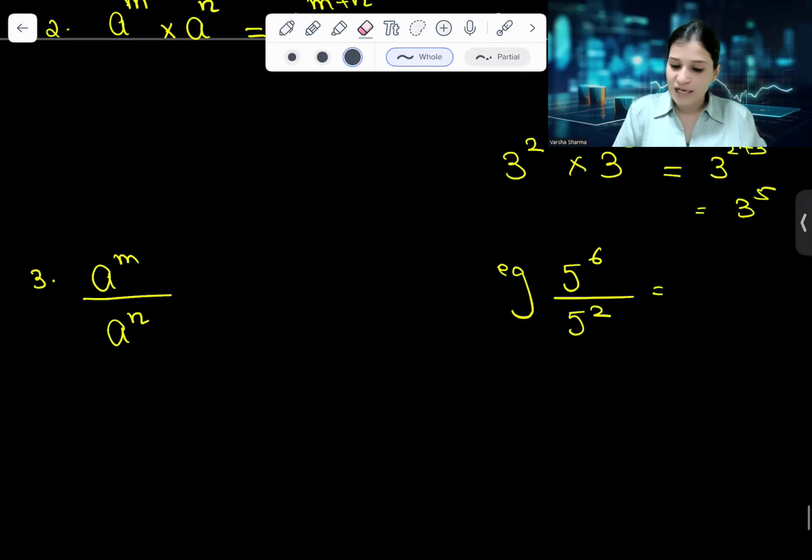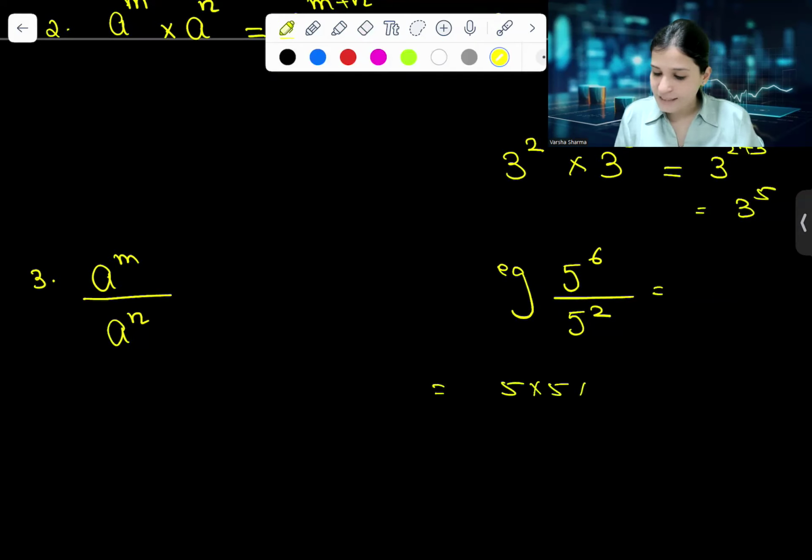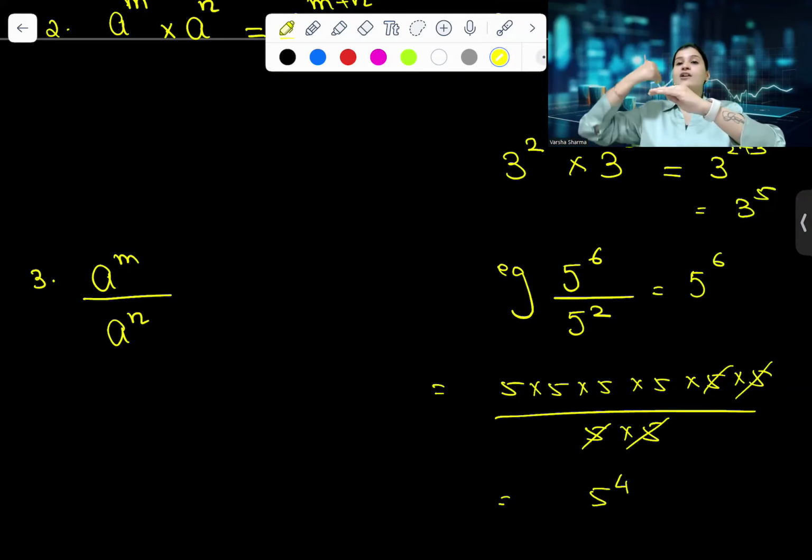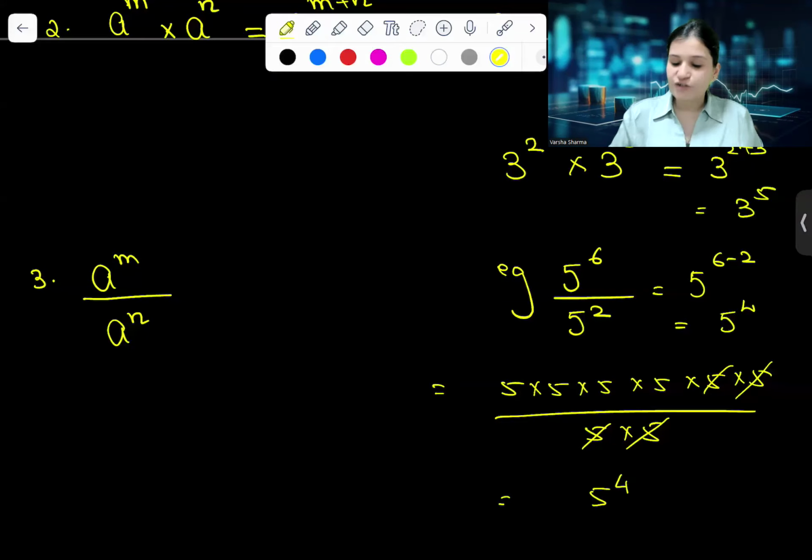See, if I don't know the formula, here I have 5, 6 number of times, and here I have 5 2 times. So 2 fives get cancelled, and 4 fives remain, so 5 to the power 4. The same thing can be visualized as 5 power 6, and when the 2 from the denominator comes to the numerator, it changes its sign. The sign only gets changed for the power. So the sign of the power changes and it becomes minus 2. So this will become 5 raised to the power 4.